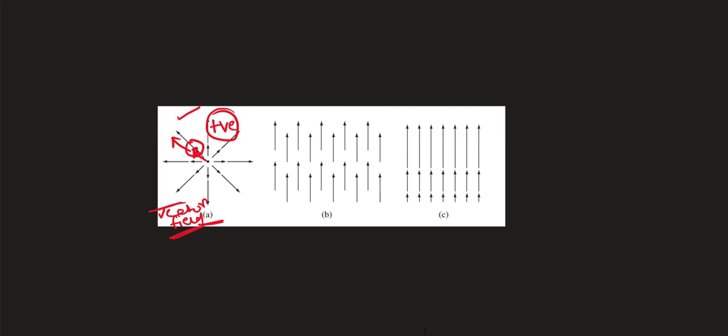Now just look at this option B. Look at the length of these vectors. These are the same. If you go in this direction or any other direction, the length of these vectors is the same.